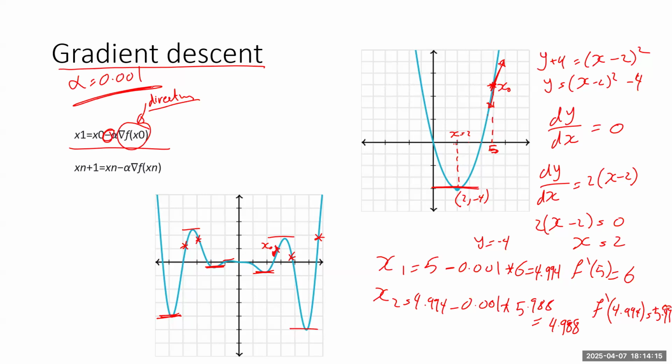Minus 1, which means I'm moving from here to here like this. Next sample, it will move like this, like this, like this. So I'm not moving on the curve, no. I'll keep oscillating like this. So having a large alpha can cause a disaster, which is called an oscillation.